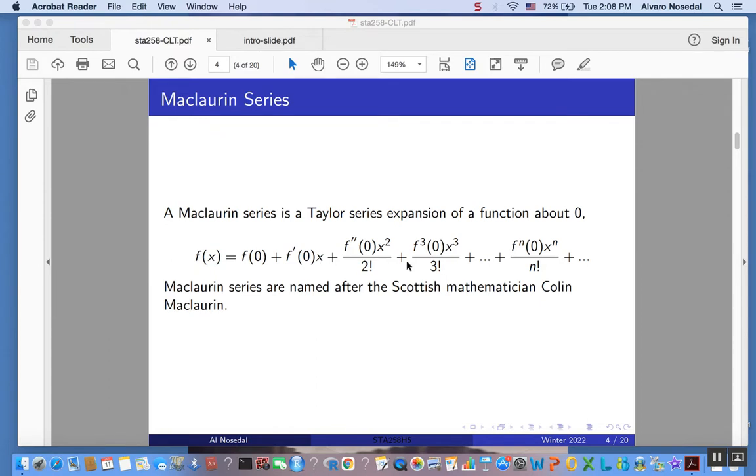Okay. So now, armed with Theorem 7.5, which has to do with MGFs and the limit of the sequence of MGFs, and this machinery from calc, Maclaurin series, we are going to be able to show the central limit theorem.